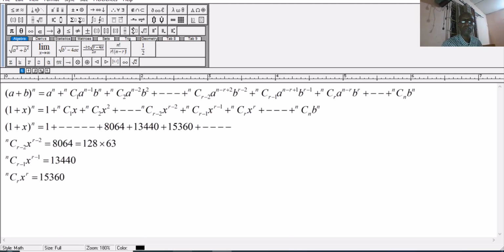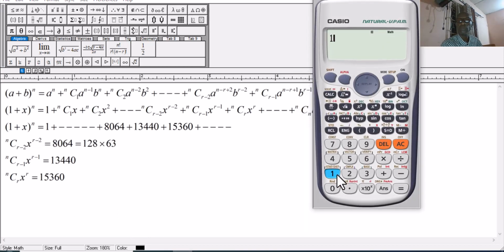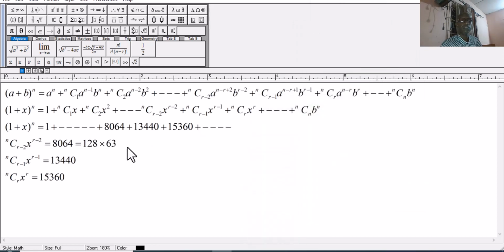Let's try it in the calculator. 128 times 63 gives 8064. So that is right.